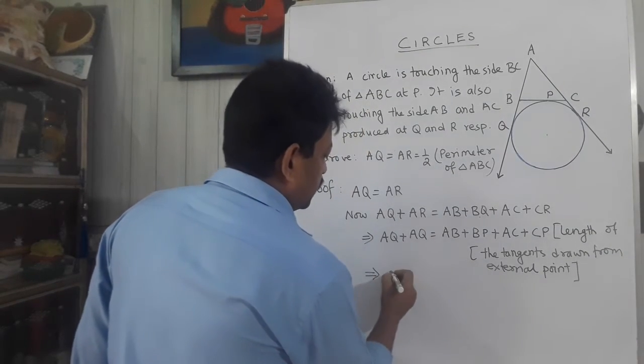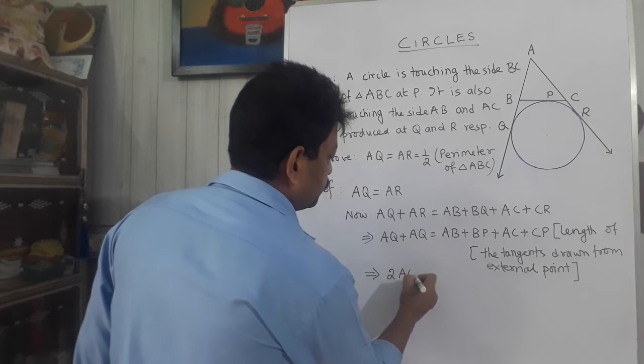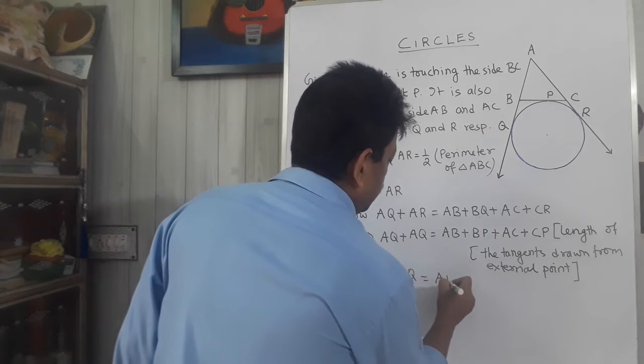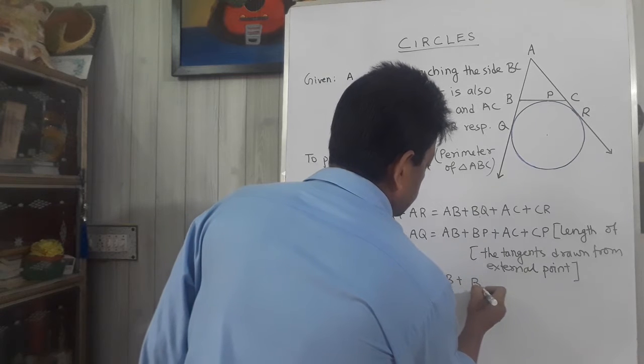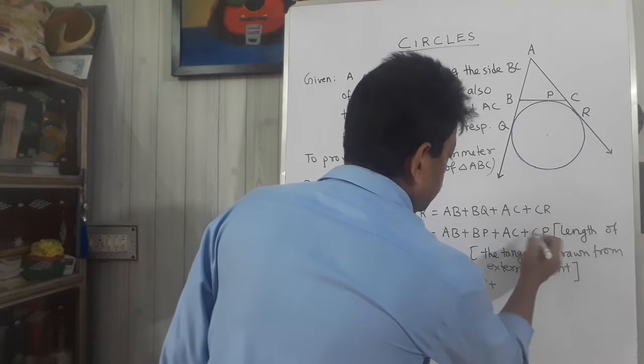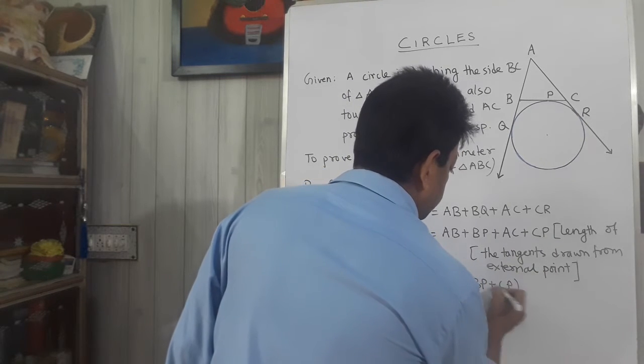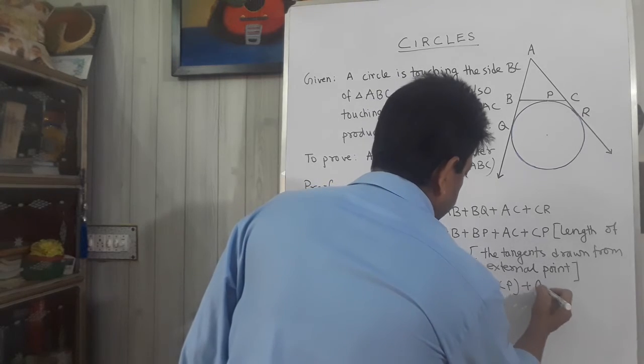Now AQ plus AQ is 2AQ, AB plus BP plus CP plus AC.